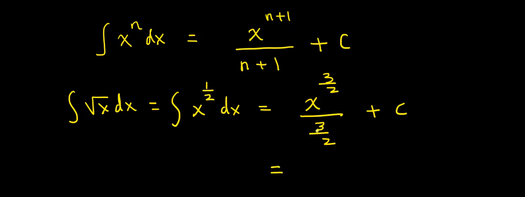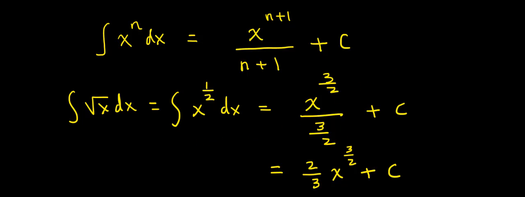When you clean this up, x to the 3 over 2 divided by 3 over 2 is the same thing as 2 over 3 x to the 3 over 2 plus c. Now what is the derivative of that?